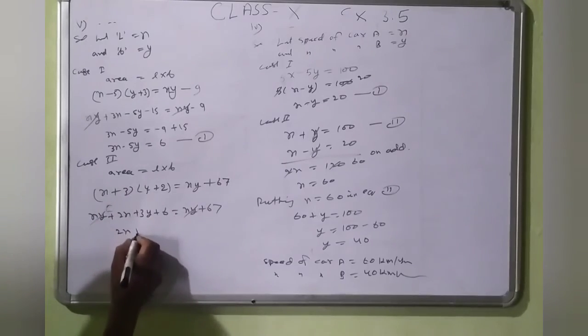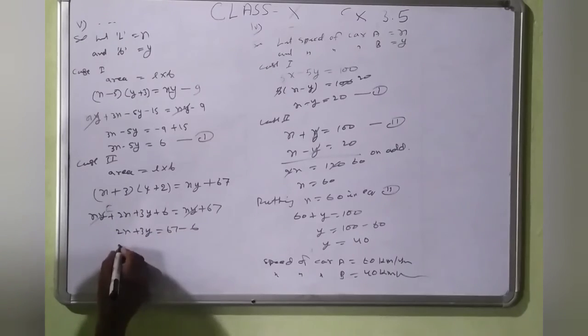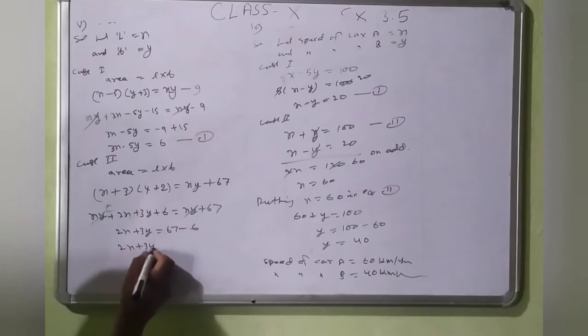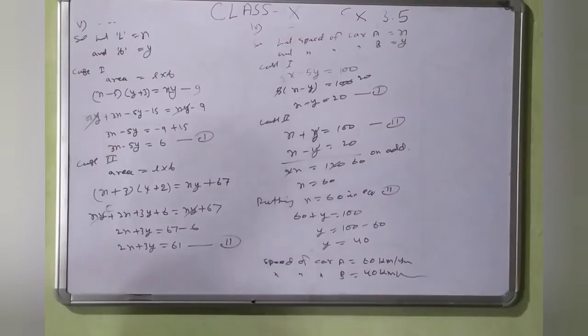So 2x plus 3y is equal to 67 minus 6, so 2x plus 3y is equal to 61. This is the second equation.